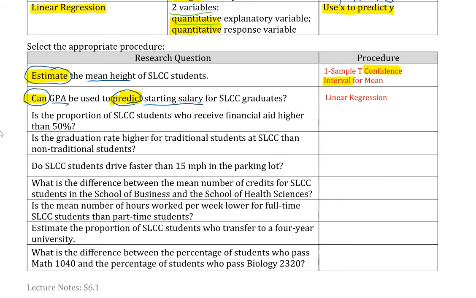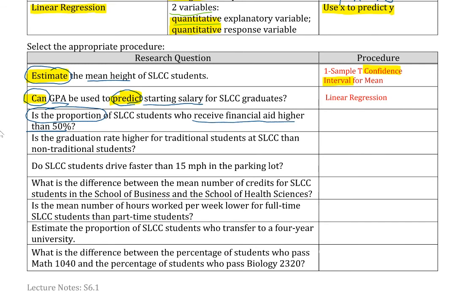The next research question. Is the proportion of SLCC students who receive financial aid higher than 50%? So notice that we're given a proportion, the percentage of students that receive financial aid. And we're being asked, is this proportion higher than 50%?